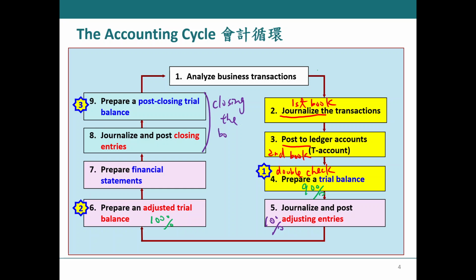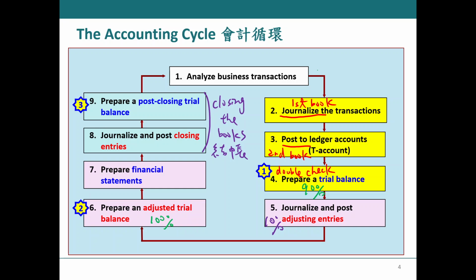结账. So after today, you complete the whole accounting cycle. So every time we do accounting jobs, we just use the accounting cycle to finish everything, okay?